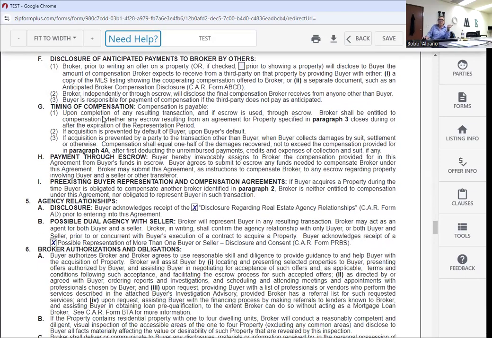Okay. So timing of compensation. The compensation is payable upon completion of any transaction, if acquisition is prevented by default of buyer, if acquisition is prevented by a party to the transaction other than buyer. These are pretty much the same as any other compensation agreement.